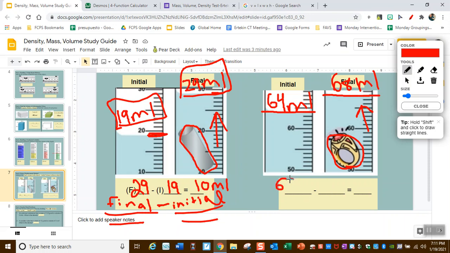So you're going to do 68 minus 64, and your answer is going to be 4 milliliters, okay? So this is the volume of the ring, okay? And again, this is called water displacement. Water displacement, el método de desplazamiento de agua.